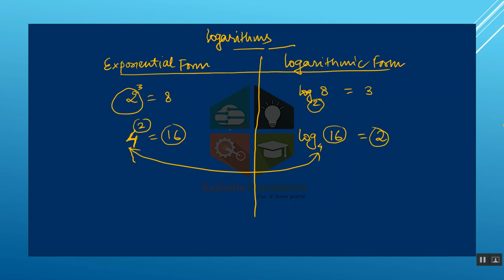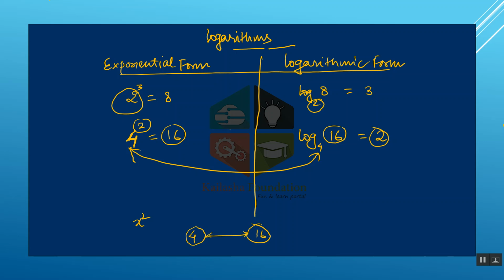So as compared to all other functions, like square function, modulus function, sine, cosine, and all, there are three things in logarithms. For example, when we talk about x square, we put 4 and we get 16. So there are two numbers at a time.